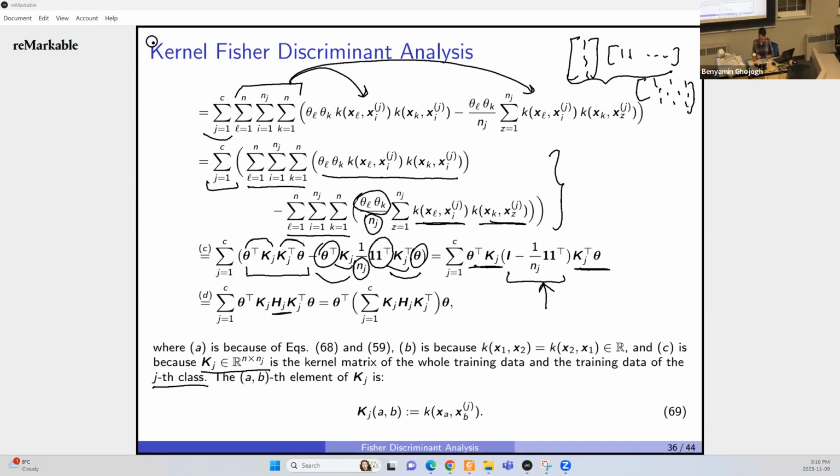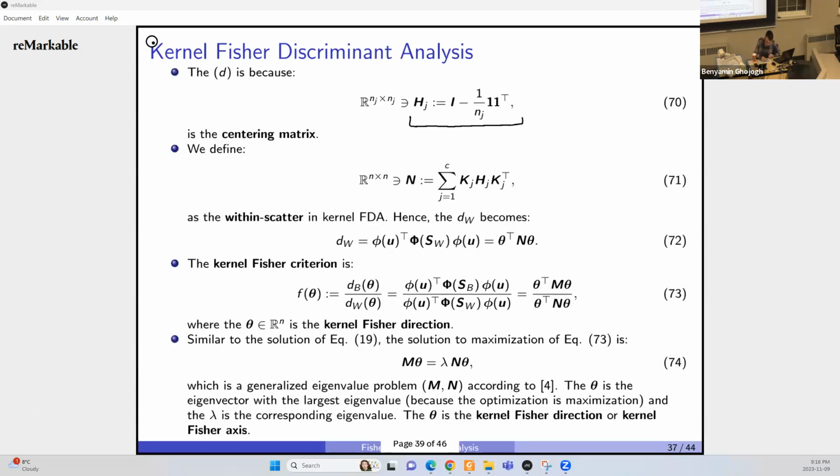Right? Centering matrix. But hj because it has nj in it. Okay, its size is nj by nj. Okay, then I can bring this theta transpose out of summation because it's not dependent on j. Also, theta can bring it out of summation. It's not dependent on j. Right? So far clear?